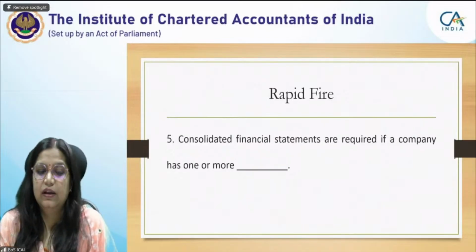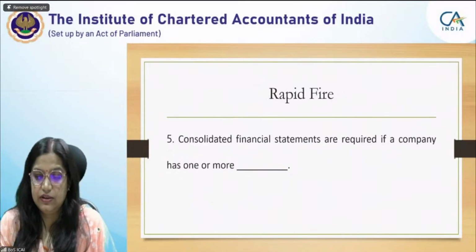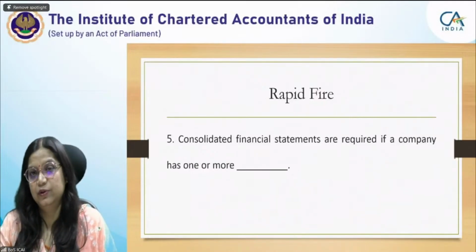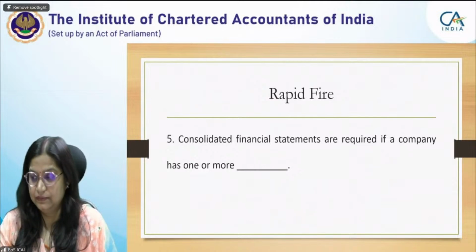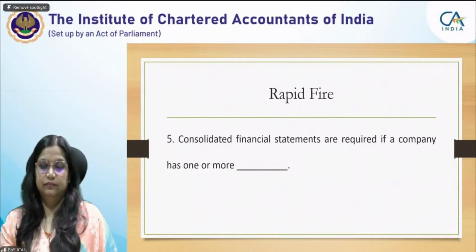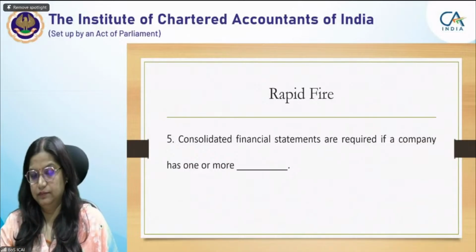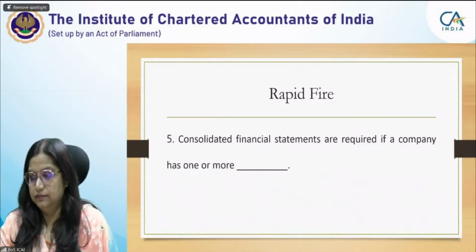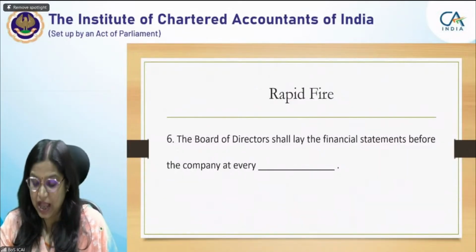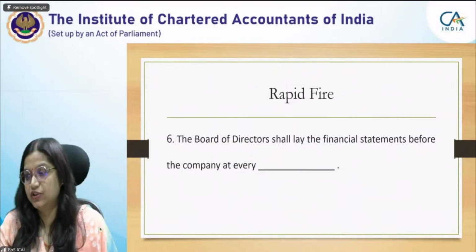Next, consolidated financial statements are required if a company has one or more dash. In this, there will be 2 to 3 dashes. The board of directors shall lay the financial statements before the company at every dash.